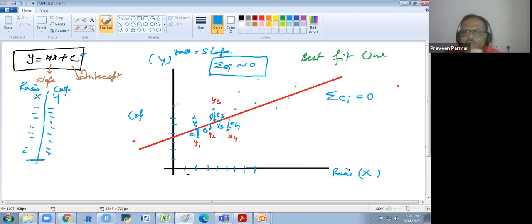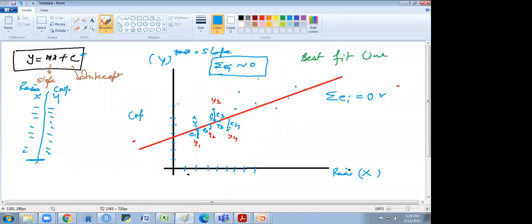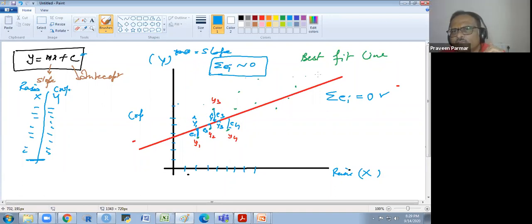One possibility is that all the actual points lie on this line, y1, y2, y3, then the summation of Ei would be 0 because there would not be any error. Does that make sense? The second thing is that if a few points are above the line, then Ei is what? Ei is yi minus y hat i. Does that make sense to you?